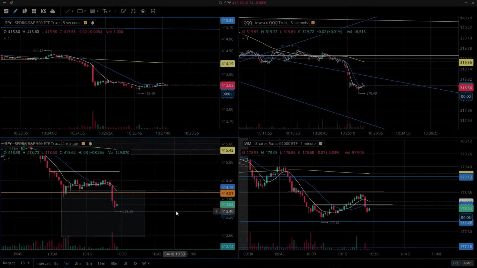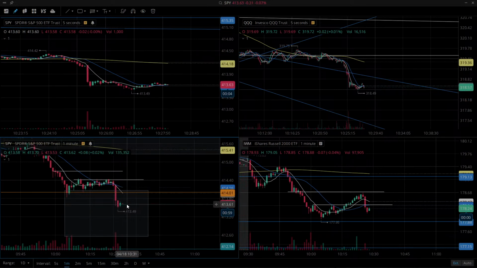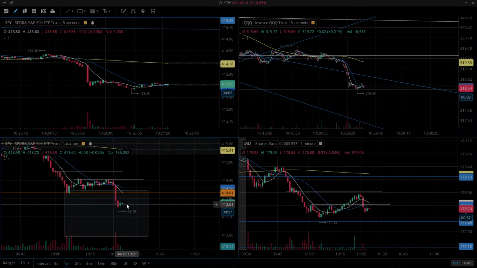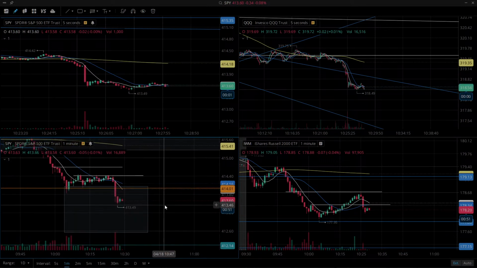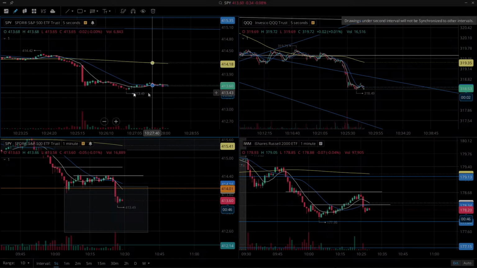I think we might print another very rapid bar. Here it comes. Dude, this is like stalking the bears right here.